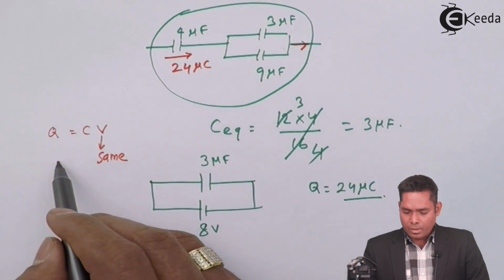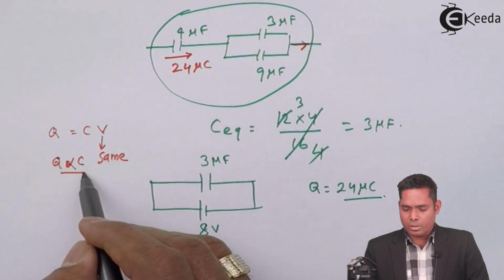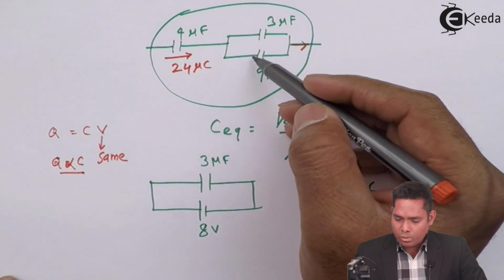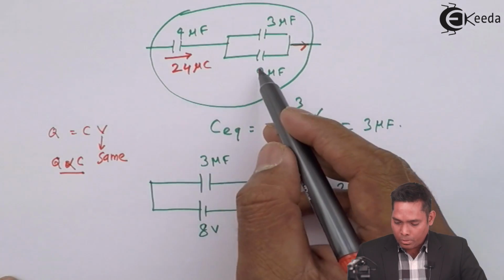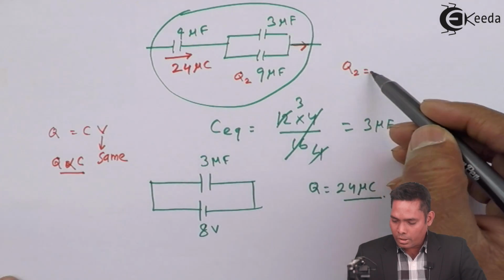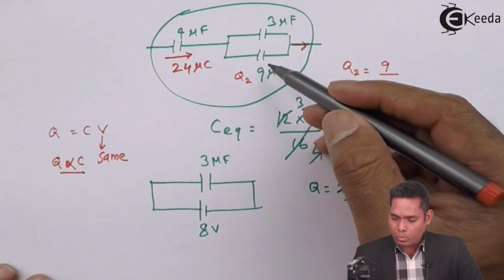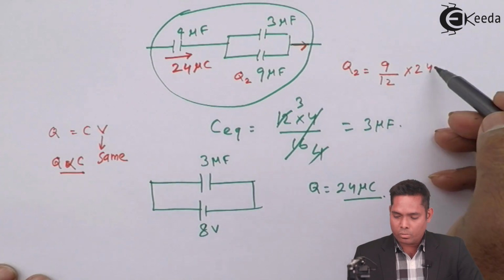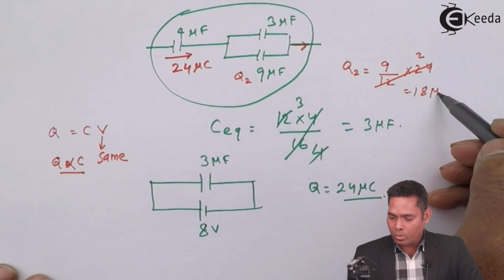If V is same, then the charge is proportional to C. That means if I want the charge over here, suppose this charge is Q2, then Q2 is the capacitance of this, that is 9, divided by total capacitance 12, into the total charge, that is this 24, so it is 18 microcoulomb.